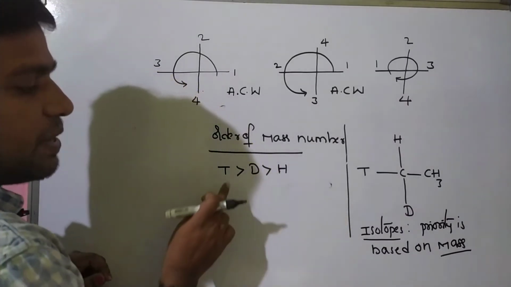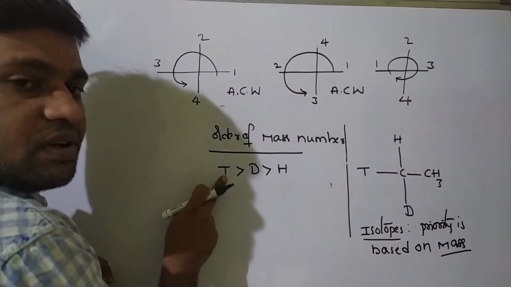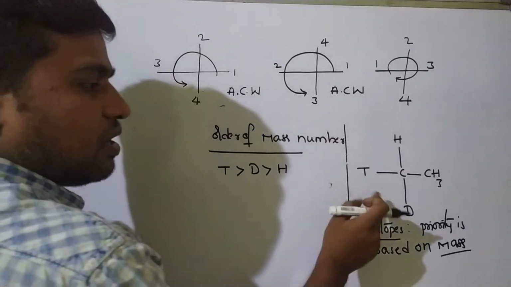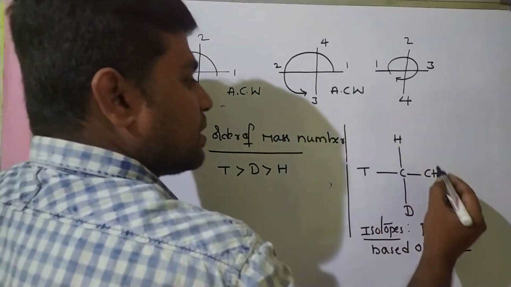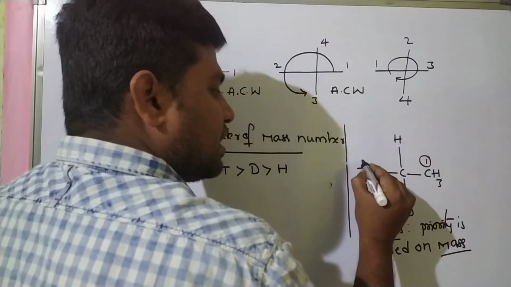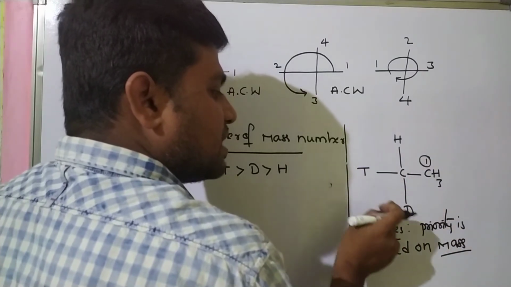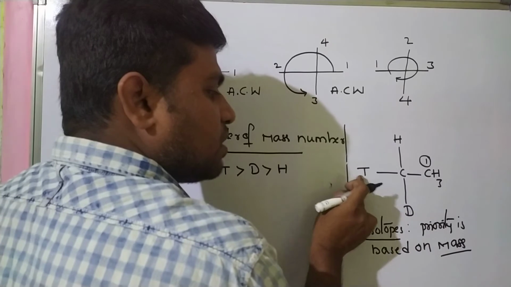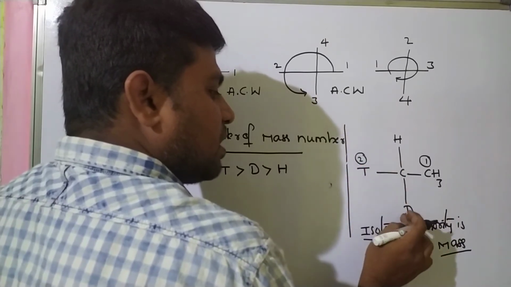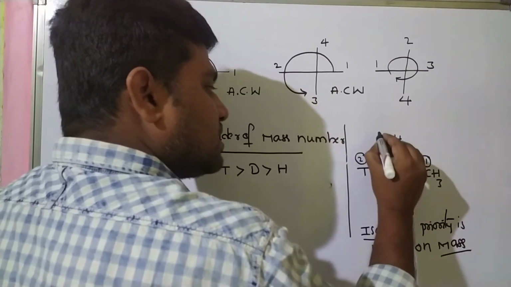Okay, students? Means the tritium will get first priority, and then deuterium, and then hydrogen. So here carbon will get first priority, and then a comparison between these two. Tritium's mass is more compared to deuterium, so it will take second priority. Now this is the third one, and this is the fourth one.